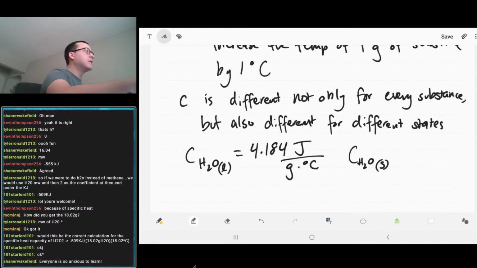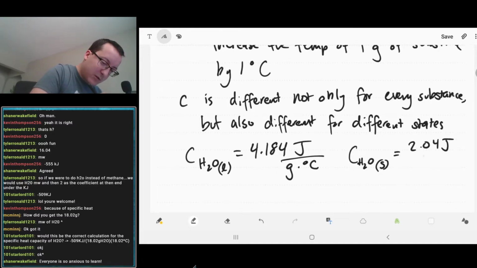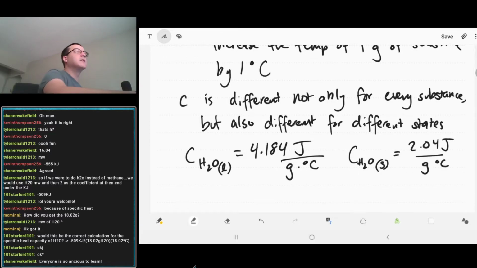Apparently it is 2.04 joules per gram degree Celsius. You will, of course, never have to memorize these numbers. These I'm just giving you as examples. We're going to see that different substances will have different heat capacities as well as different states of matter.